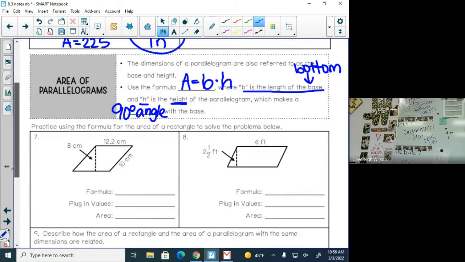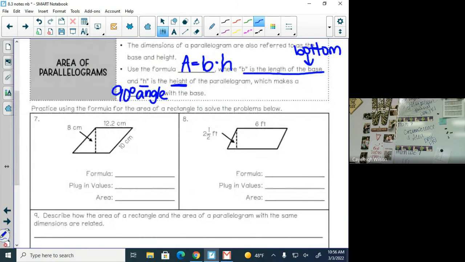Okay, so we're going to look at this first one here, number 7. There's 3 numbers here. So I've got to decipher which one is the base and which one is the height. Now the cool thing about parallelograms, are you ready?